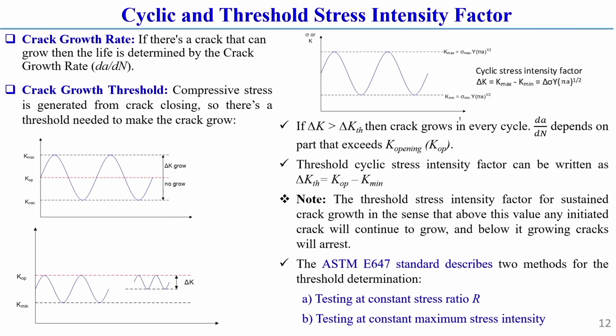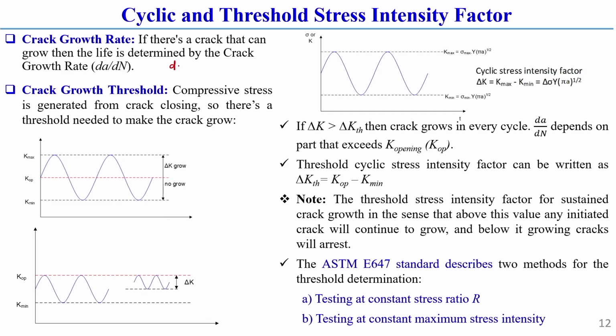Now, we will discuss what the cyclic and threshold stress intensity factors are. This is also required in Paris law, which we will discuss. First of all, we will discuss what crack growth rate is. If there is a crack that can grow, then the life of that component is determined by the crack growth rate. It is not in terms of time; it is represented in terms of number of cycles.